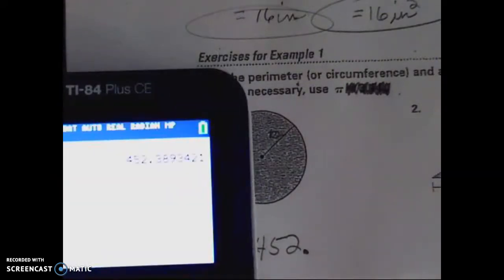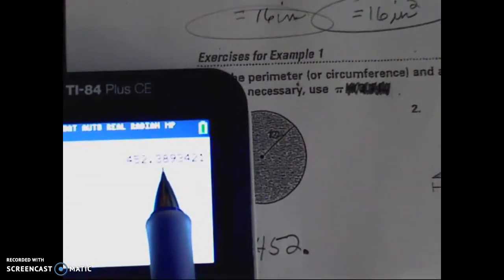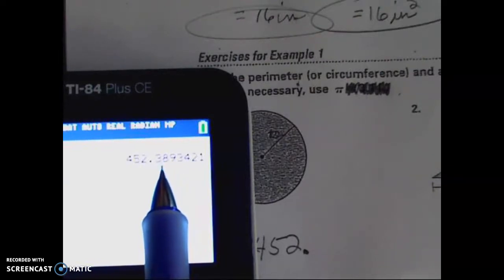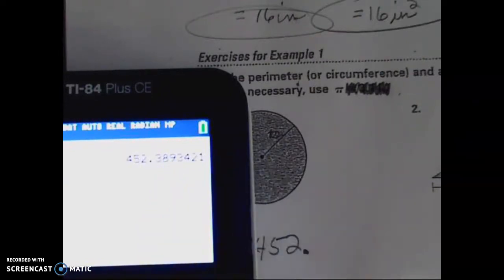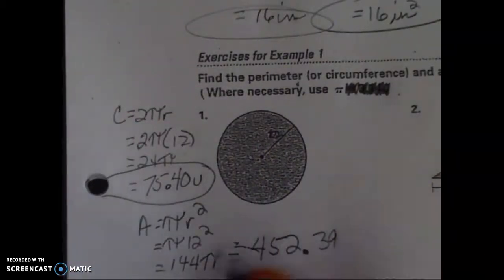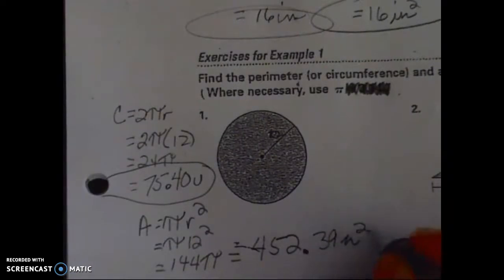So this 8, the 9 makes the 8 go up to 9. So it's 0.39. This is in units squared.